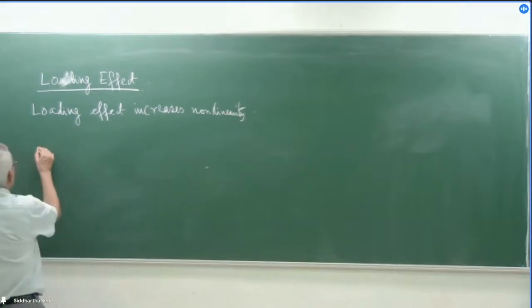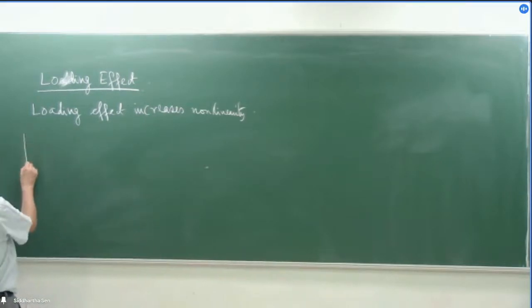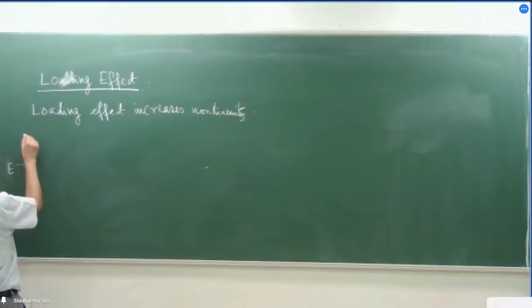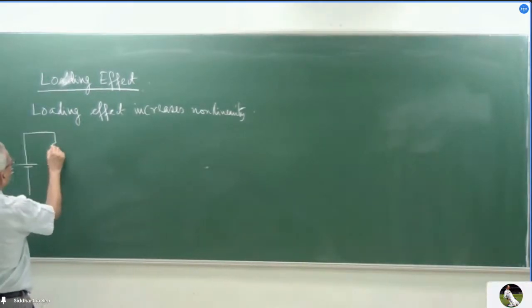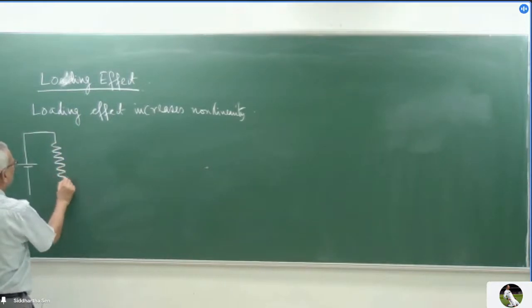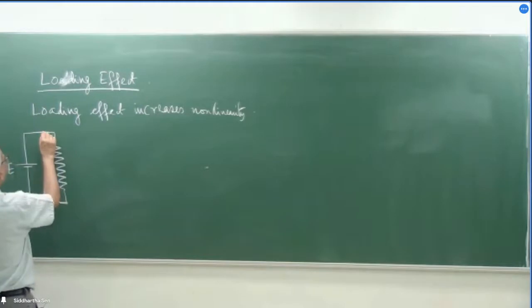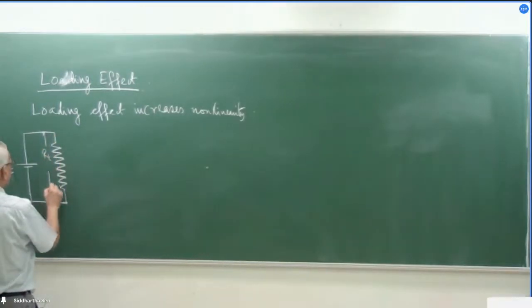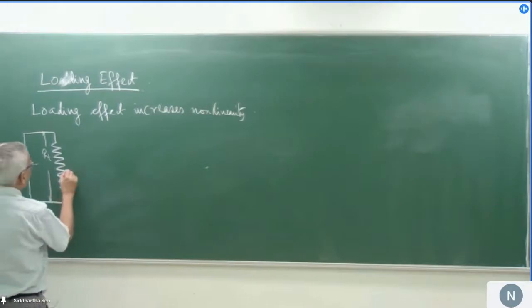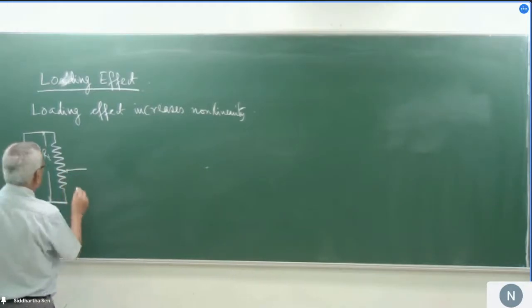We take the very simple example of a potentiometer. We call the supply voltage E, and this is a long potentiometer, maybe with total resistance RT, and this is a wiper.